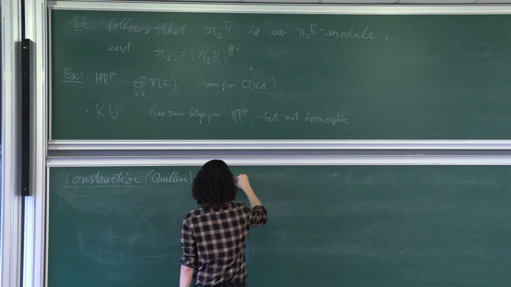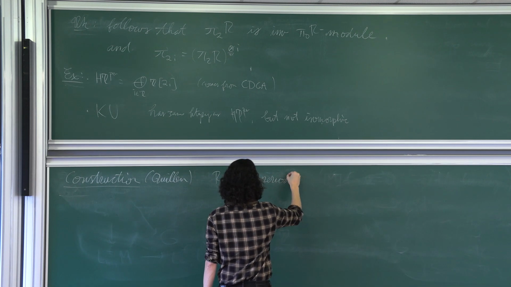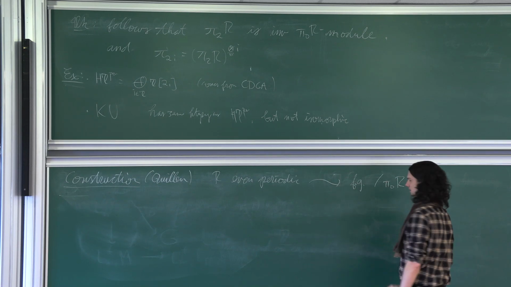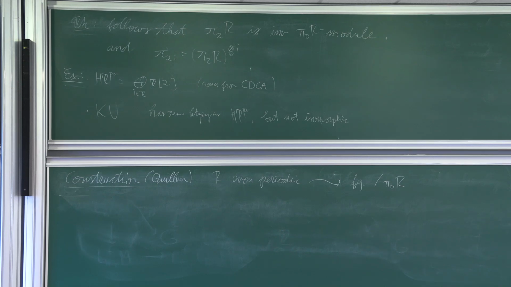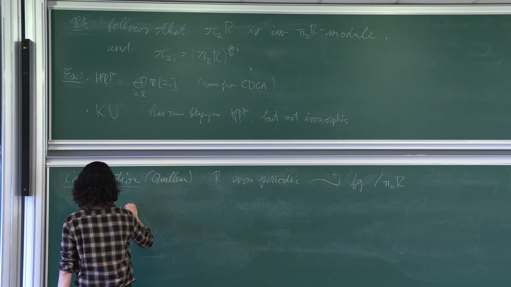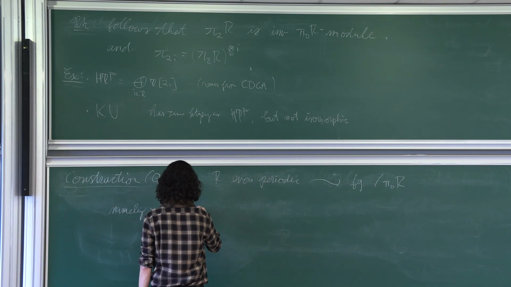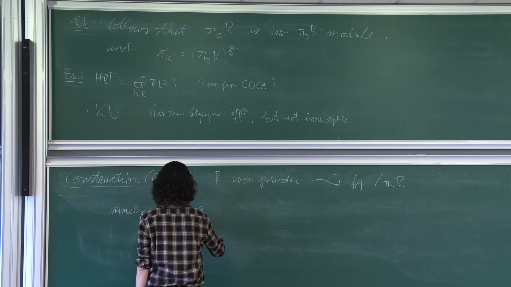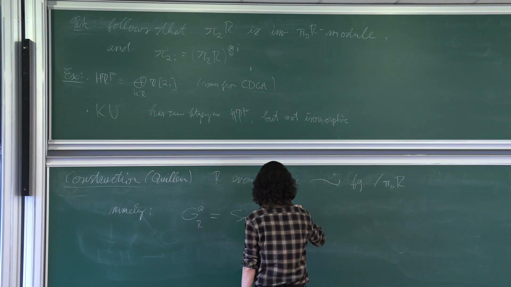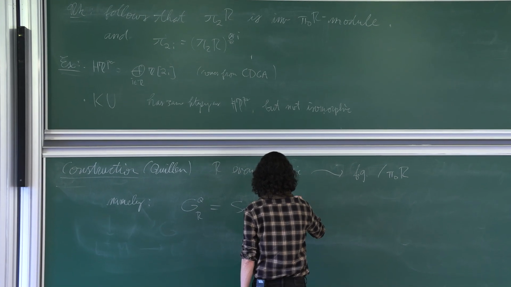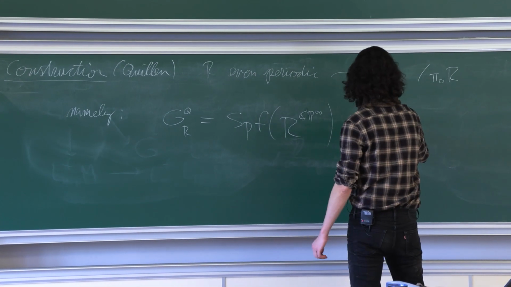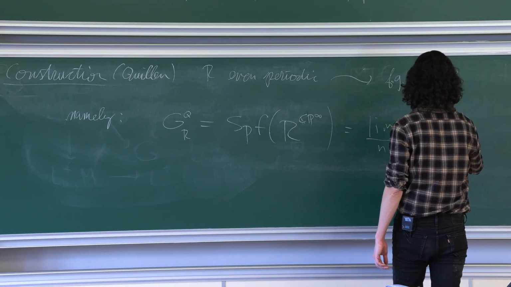If R is even periodic, then you get a canonical formal group over pi 0 of R. It's called the Quillen formal group, G_Q R, and you take infinite complex projective space, so I'll have to explain this in a second, but up pi 0.